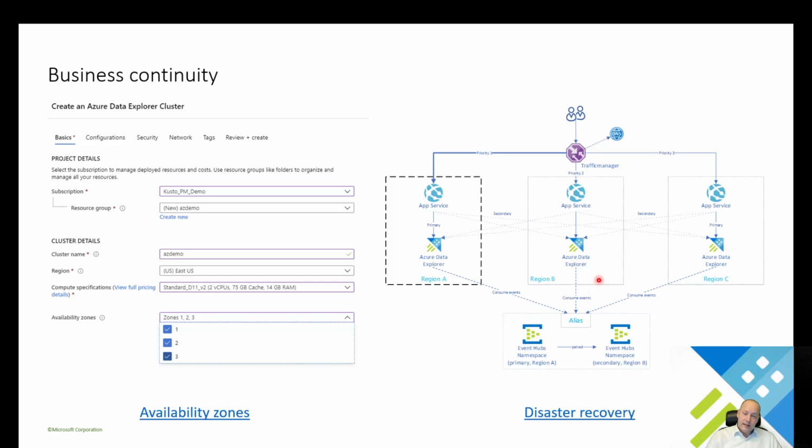On top of ADX, of course, if you'd like to provide an API for a website, you need to make sure that your business logic knows about multiple Azure Data Explorer instances, and that it can reroute the traffic based on the situation.